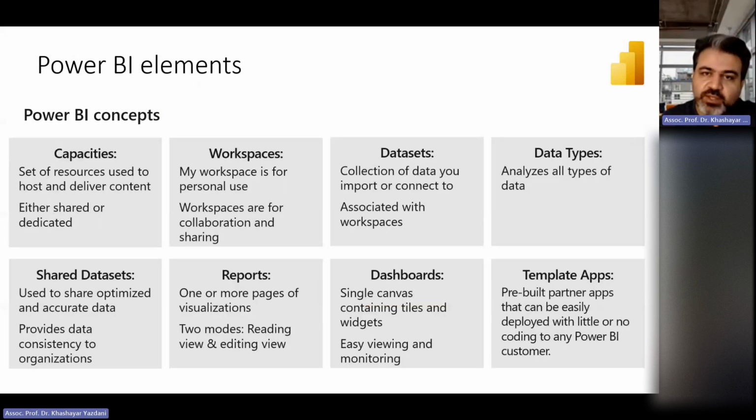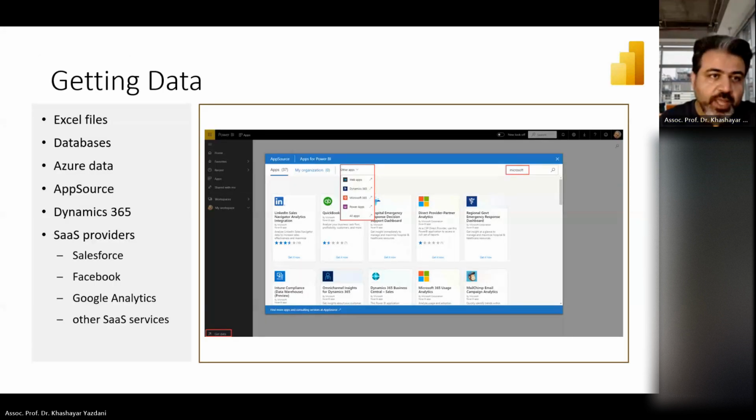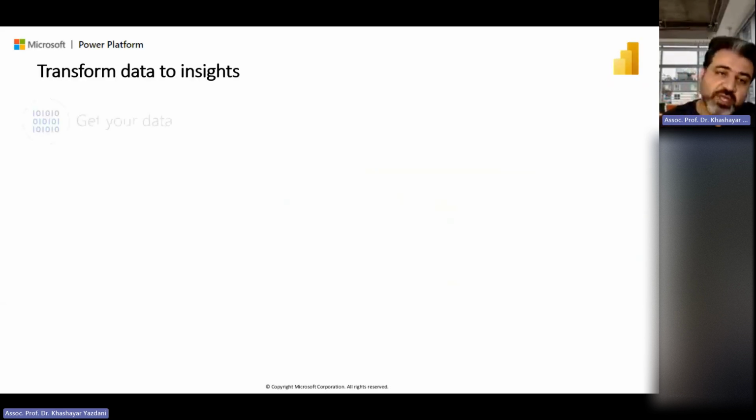There are some terms that you can read later to see what exactly they are, just for your info. You can import data from Excel, different types of databases, Azure data, AppSource, Dynamics 365, and software as a service providers like Salesforce, Facebook, Google Analytics, and others. These are all the different types of resources that we have.